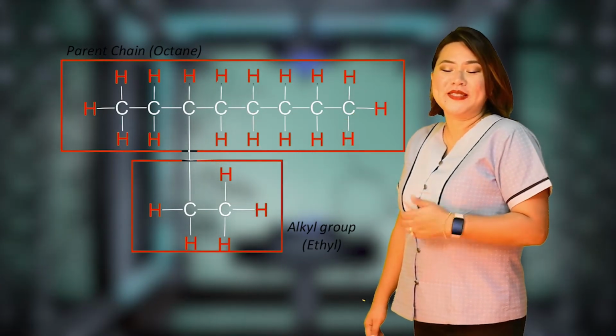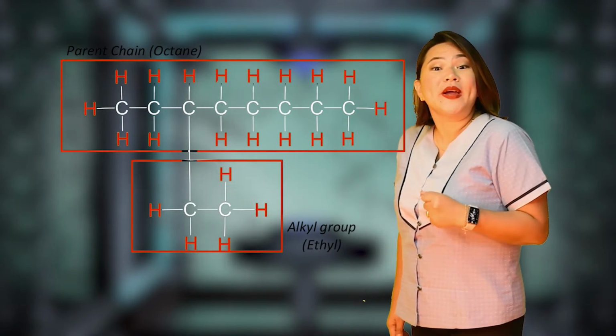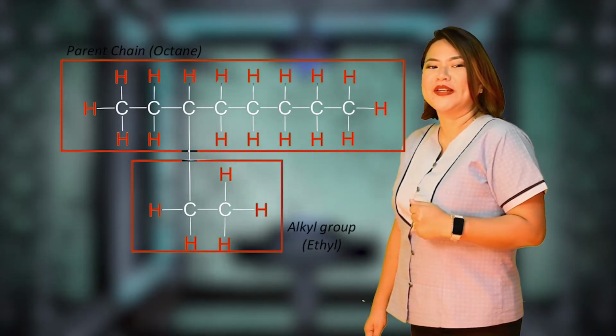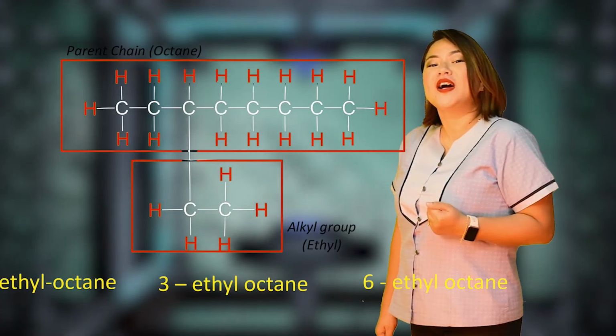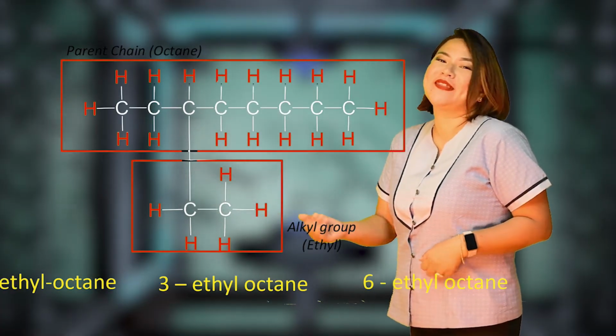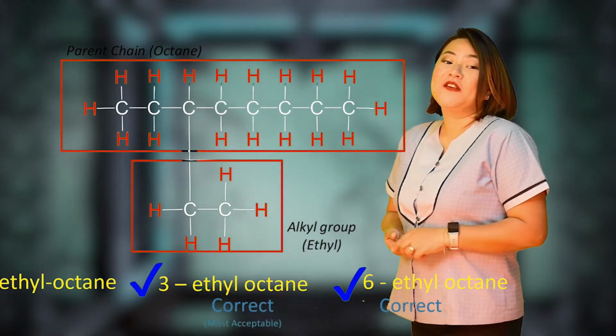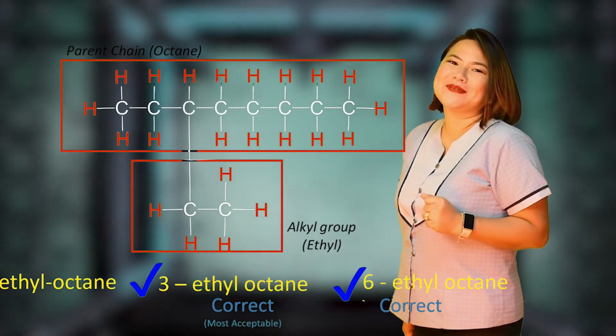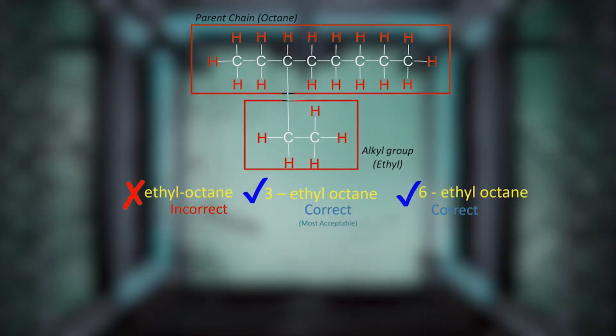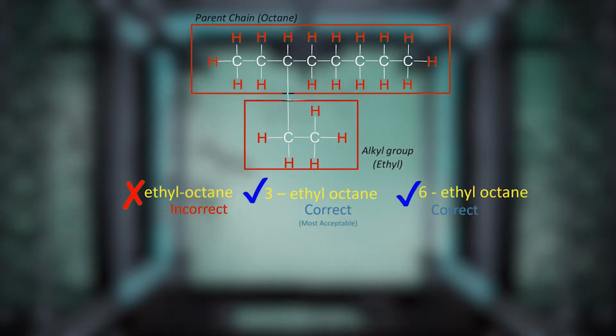Let's consider this example. Which is the correct name for this hydrocarbon? Is it ethyl octane, 3-ethyl octane, or 6-ethyl octane? If your answer is 3-ethyl octane, you are correct. How is a hydrocarbon name obtained?